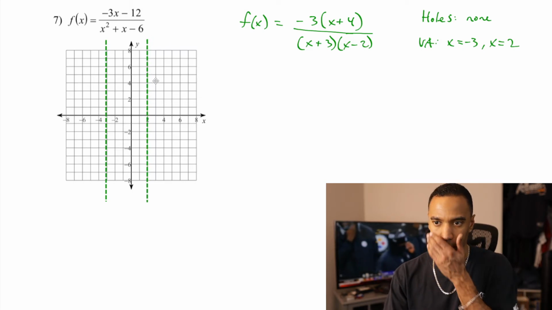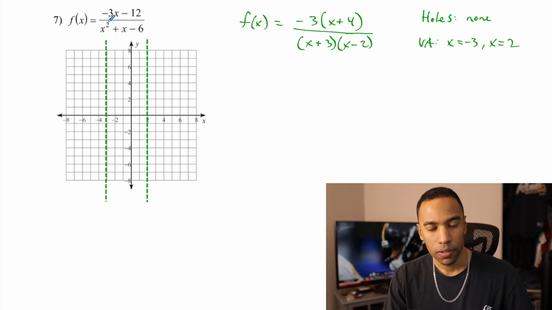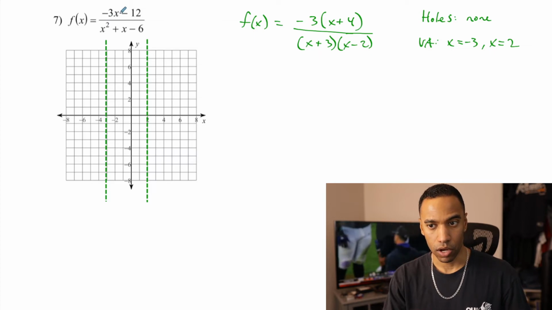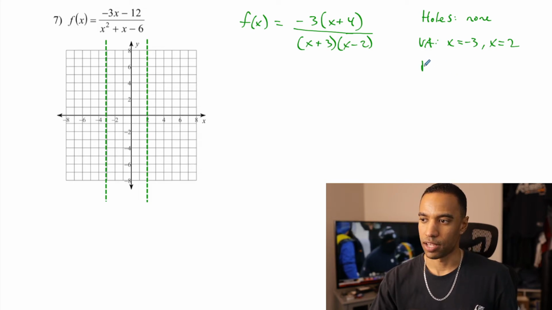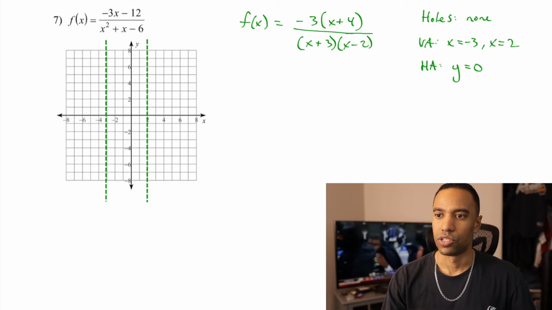Okay. For horizontal asymptotes, you have a larger degree on the bottom, so this is going to be at y equals 0. There will be a horizontal asymptote at y equals 0 right here.